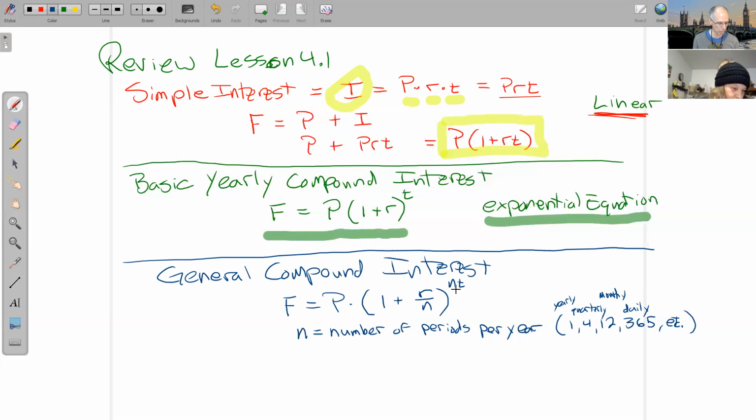Other important things to point out about this formula right here, the exponent is super important, the power. That's the n times t is the whole power up there. And that right there is the total number of times we collected interest, the total number of periods.